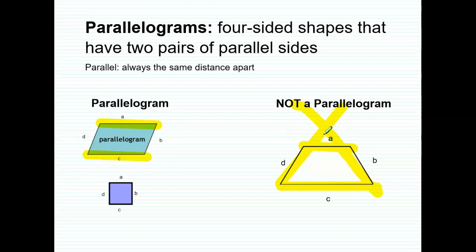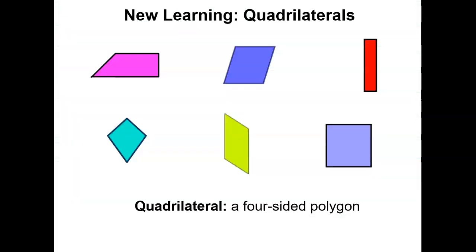You're exactly right. Shapes that are parallelograms, they must have two pairs of parallel sides. Shapes that are not parallelograms either have no pairs of parallel sides or just one. But to be a parallelogram, the quadrilateral has to have two pairs of parallel sides like these ones.